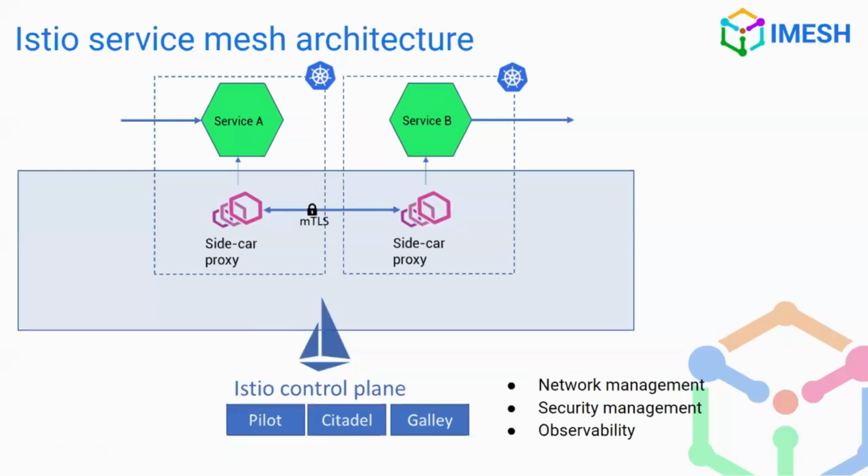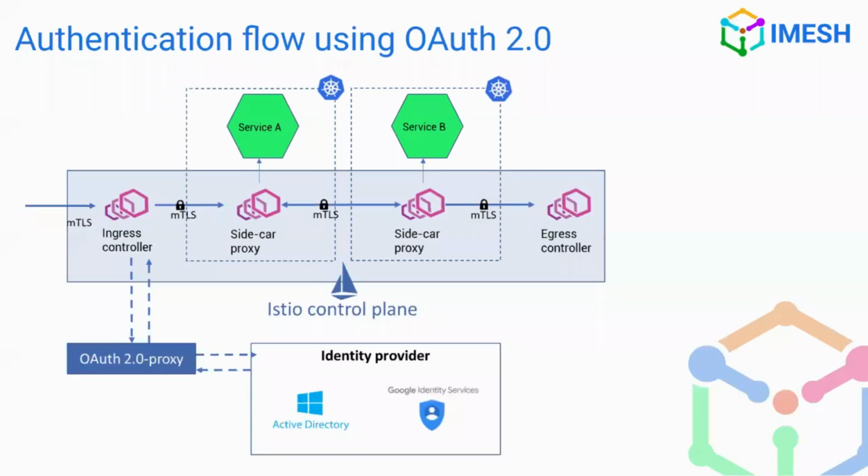Overall, L4 proxies are more of a network level function such as load balancing and routing, and L7 proxies provide more advanced application level features. Depending on the need of the application, we may choose to use L4 or L7 proxies or combine both in our Envoy.